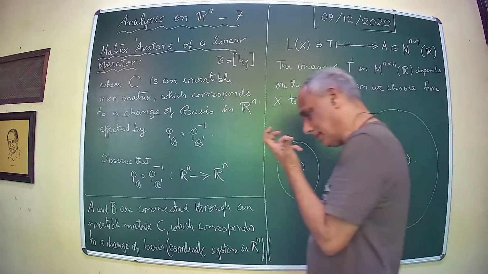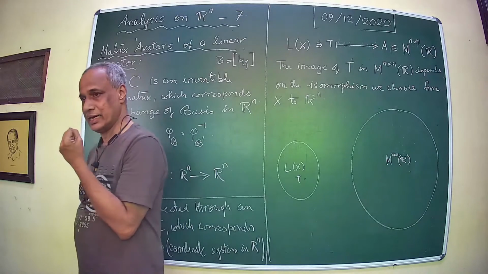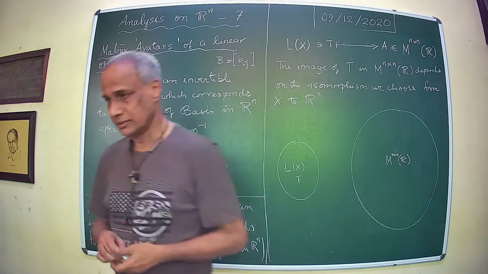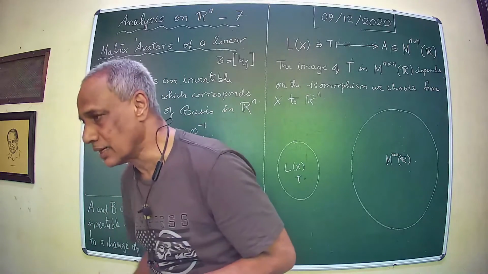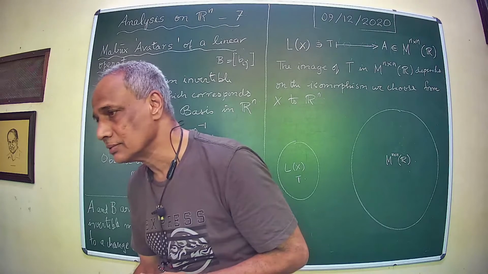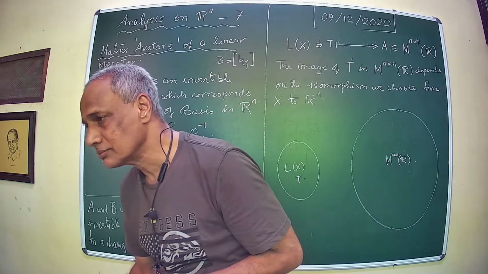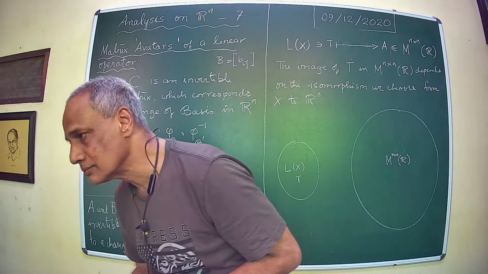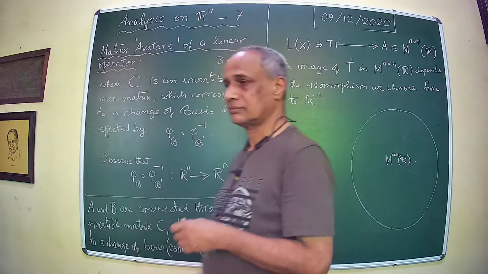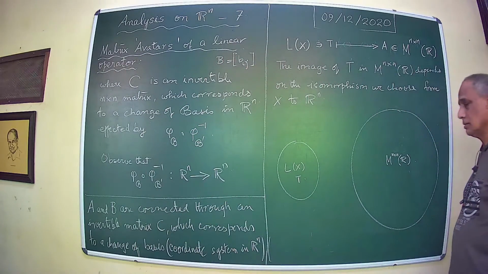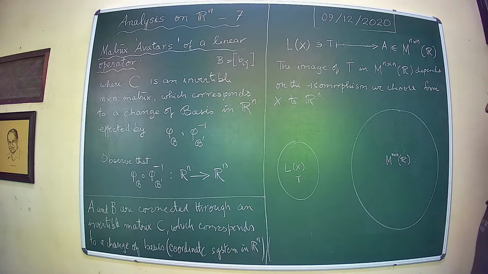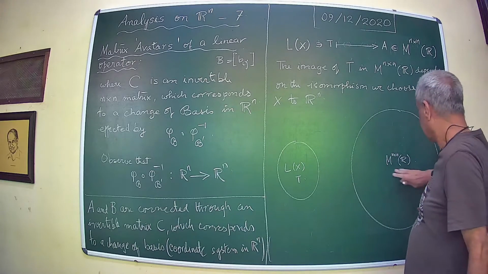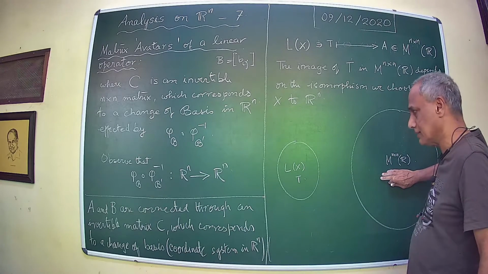So what I have here is L(X) on one side, M n cross n R on the other side.